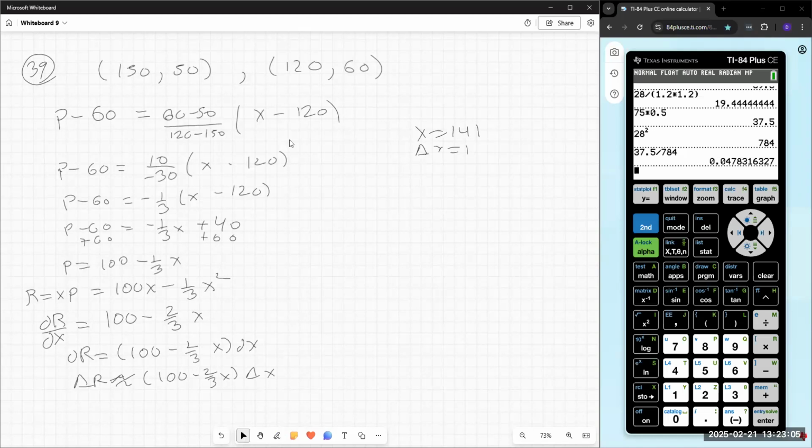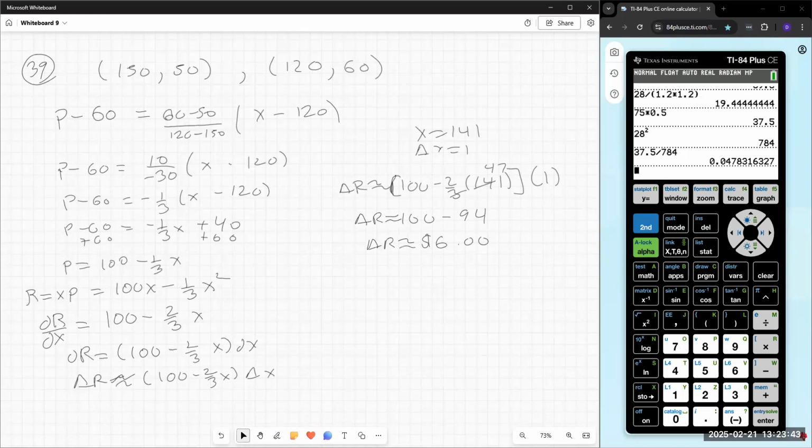That gives me delta R is approximately 100 minus 2/3 times 141 times 1. 3 goes into 141 47 times. So 100 minus 94 is $6 for my estimated delta R.